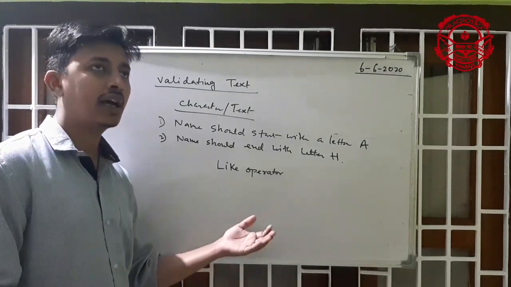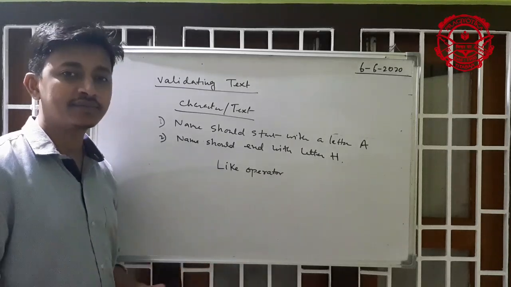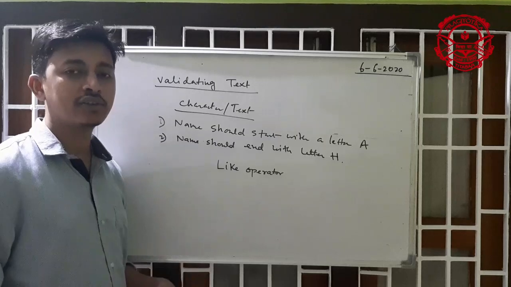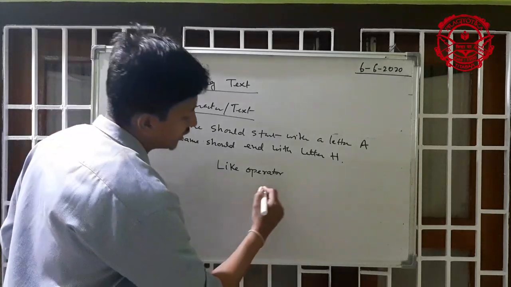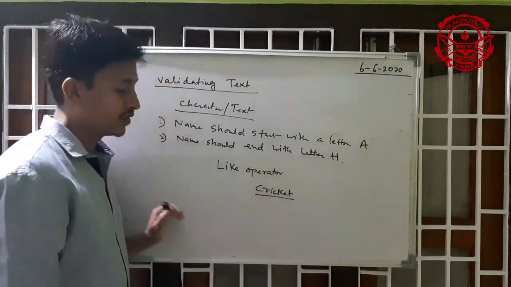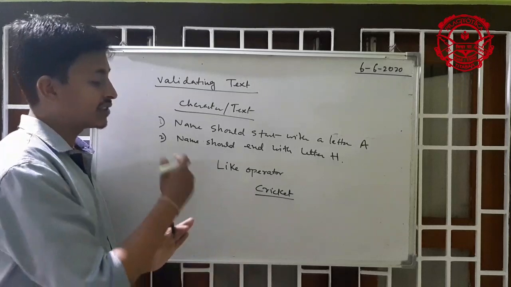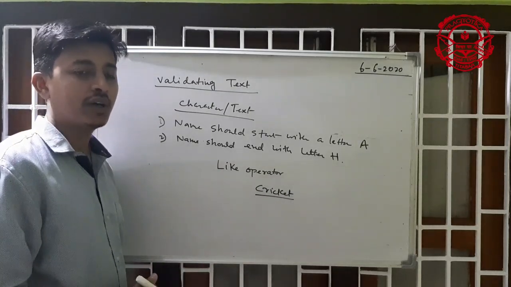For example, I want information about sports, say cricket, my favorite game. So I write cricket. It will search all the cricket information.